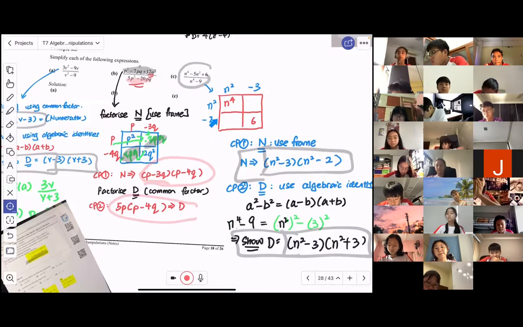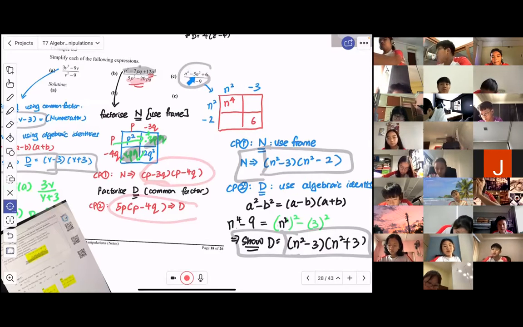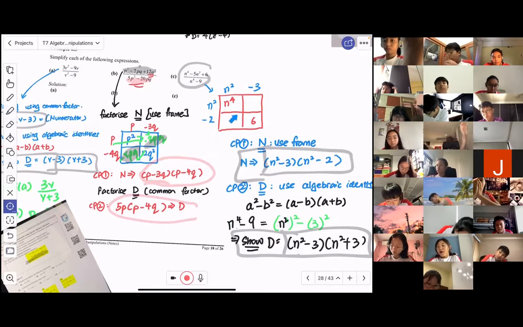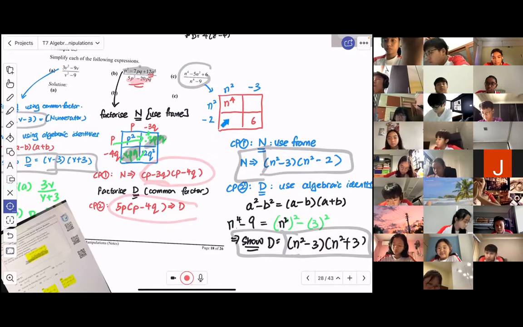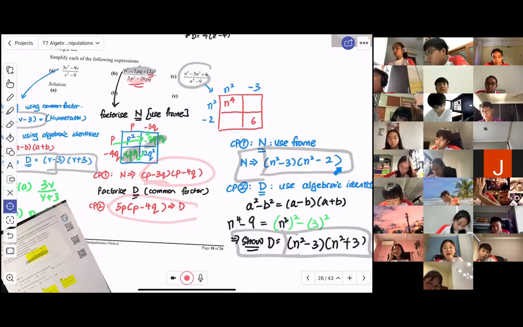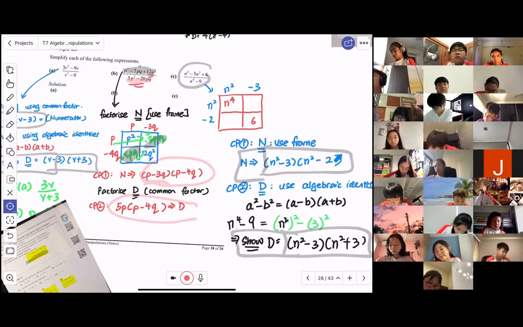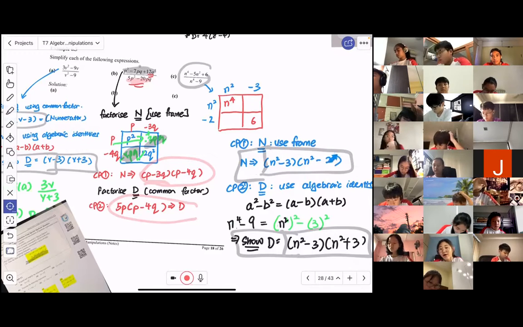The reason why I choose minus 2, minus 3 is because my center term is negative. I won't choose plus 2, plus 3 because that will give me a positive outcome. So I say minus 3n squared, minus 2n squared. First checkpoint, try to show that your numerator looks like that, using the frame method to factorize. Is that okay?